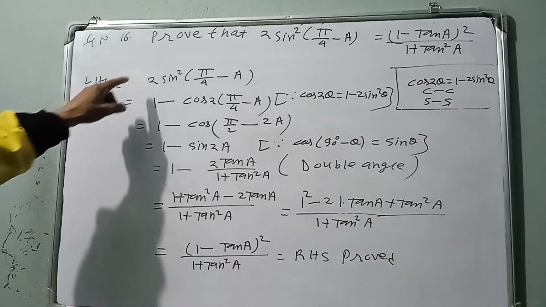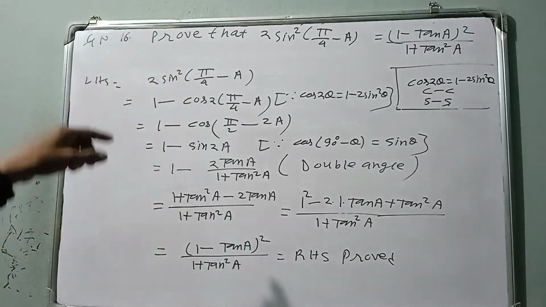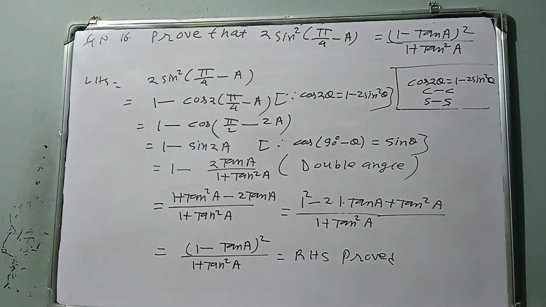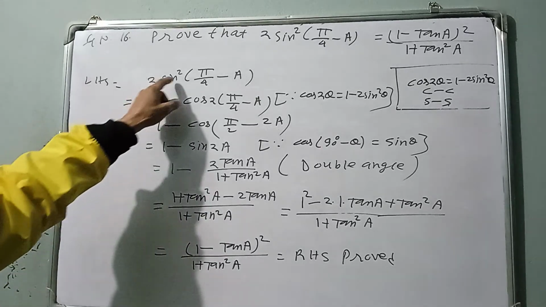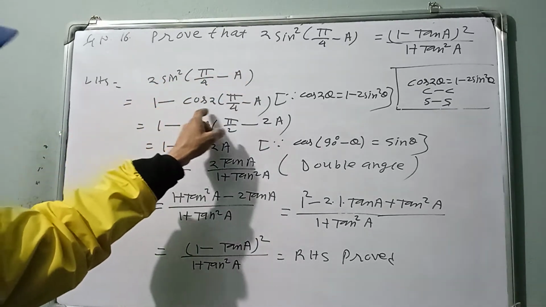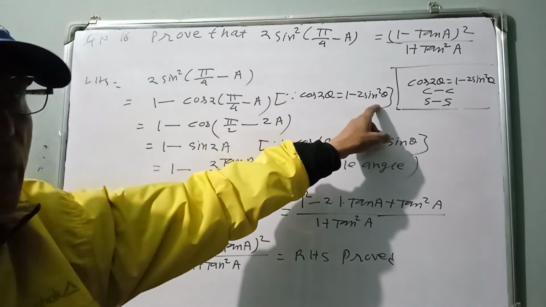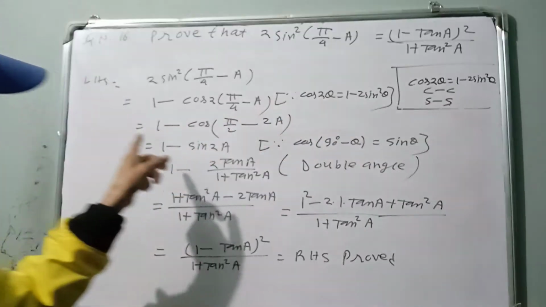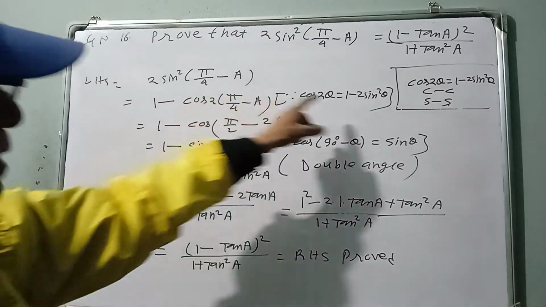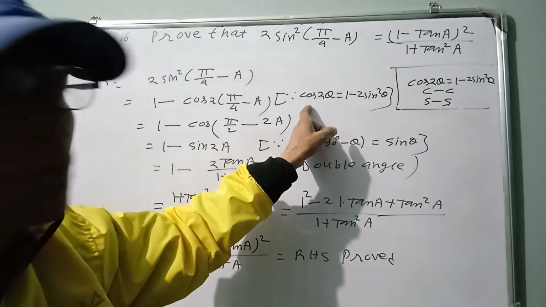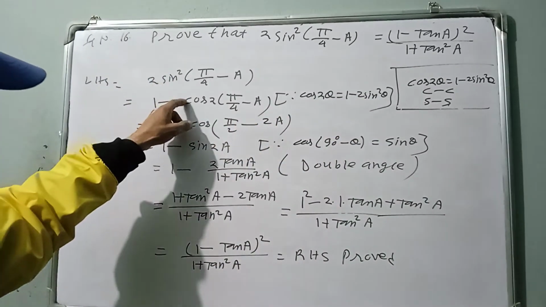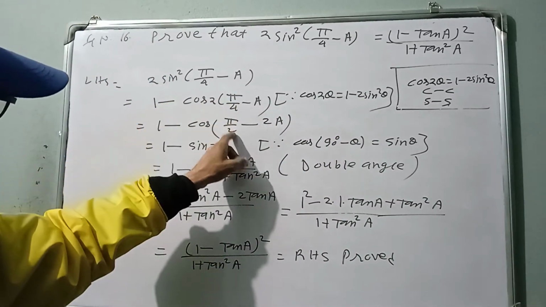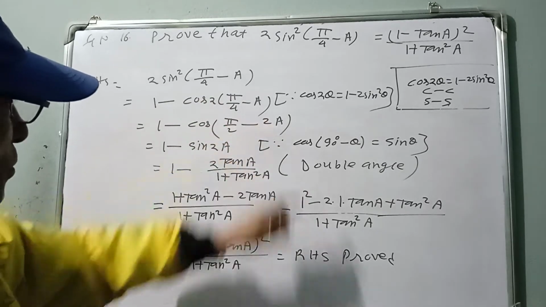First of all, take left hand side: 2 sin square (pi by 4 minus A). 2 sin square theta is 1 minus cos 2 theta. Cos 2 theta is 1 minus 2 sin square theta, and you have derived it. 2 sin square A is 1 minus cos 2A. Cos 2 into pi by 4, pi by 2, minus 2A.